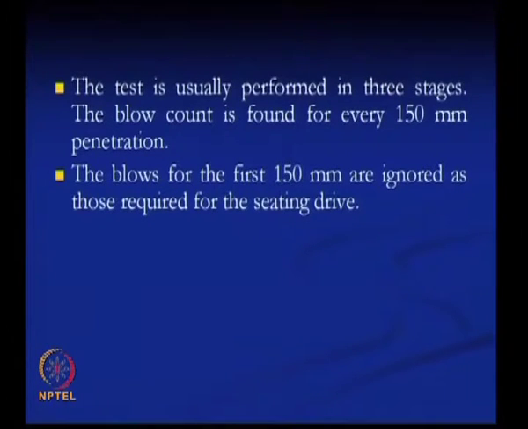Now, the first 150 millimeter blow count is generally ignored, and the summation of the last 300 millimeter blow counts is designated as the standard penetration number. The first 150 millimeter is ignored as it is required for the seating drive. The next 2 stages, 150 each or 300 millimeter of penetration, give the penetration number.